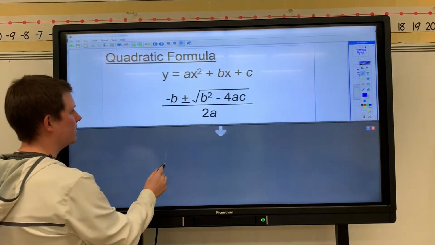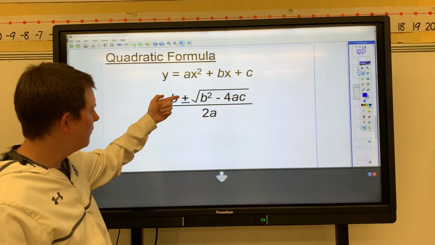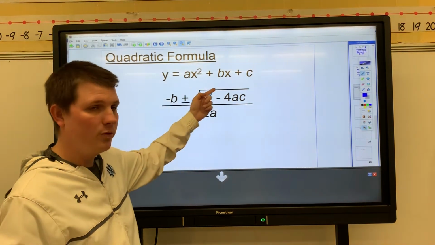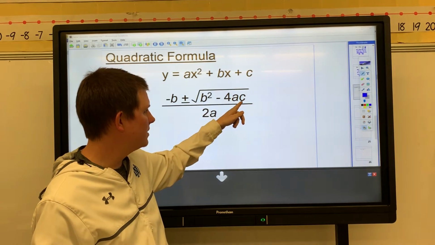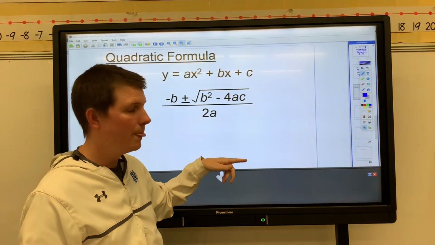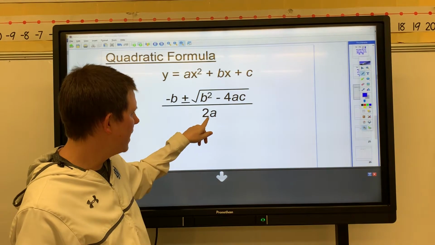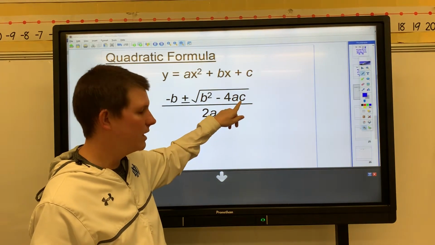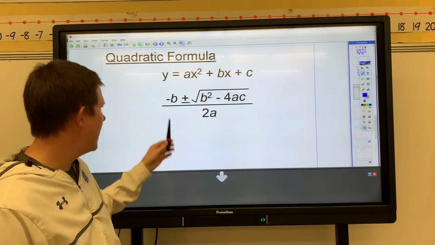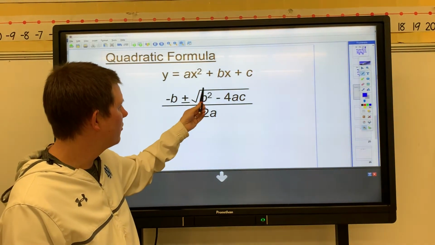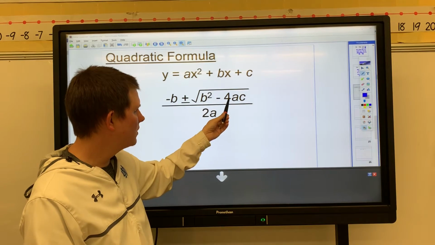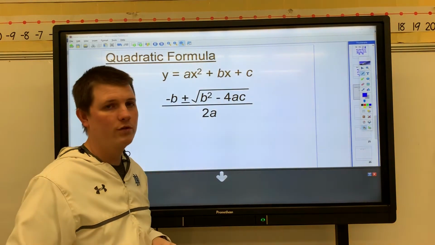The formula is: negative b plus or minus the square root of b squared minus 4 times a times c, all over 2 times a. Make sure you understand this is 2 times a, and this is 4 times a times c. We're multiplying those. So once again, negative b plus or minus the square root of b squared minus 4 times a times c, all over 2 times a.